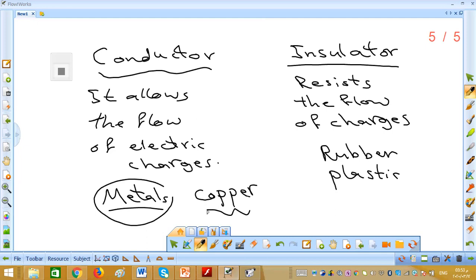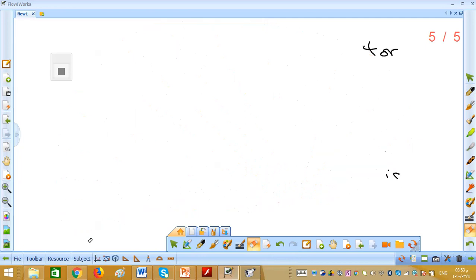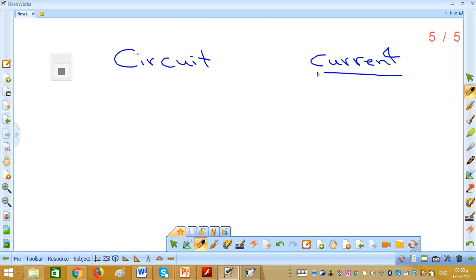Then after that we continued with the electric circuit, and I said before, don't mix up electric circuit and electric current. We said electric current means the flow of charges through wires. So we have circuit and we have current. What do circuit and current mean?